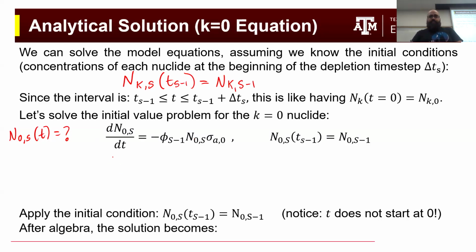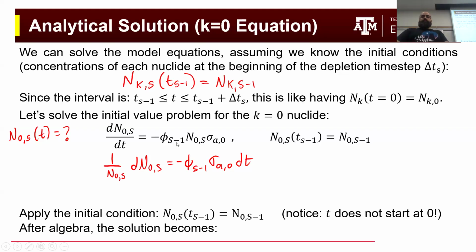If we divide both sides by the concentration, we'd have 1 over N0,S dN0,S equals negative phi at S-1 times sigma_a0 dt. So we're separating the differential equation.